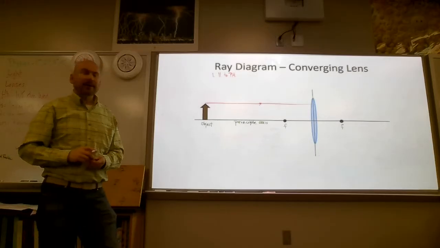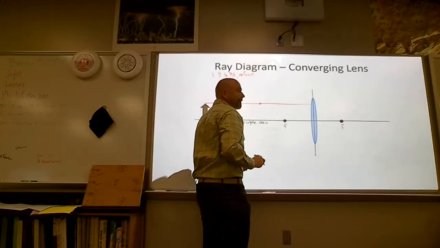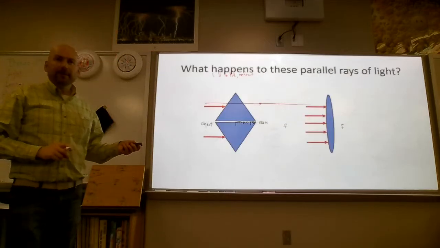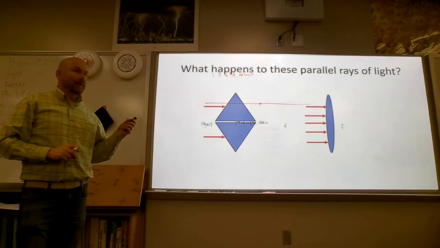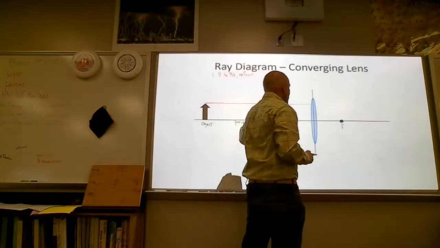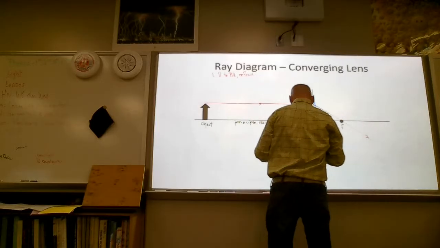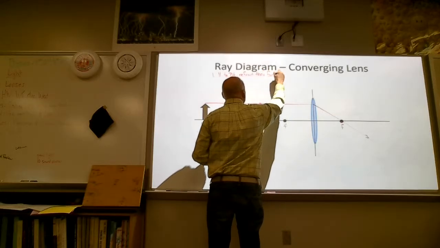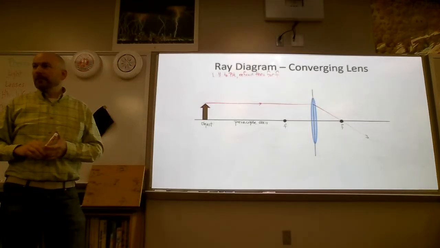And then it's going to refract. Where is it going to go? These rays are parallel to the principal axis, so it's going to go through the far focal point. Good.